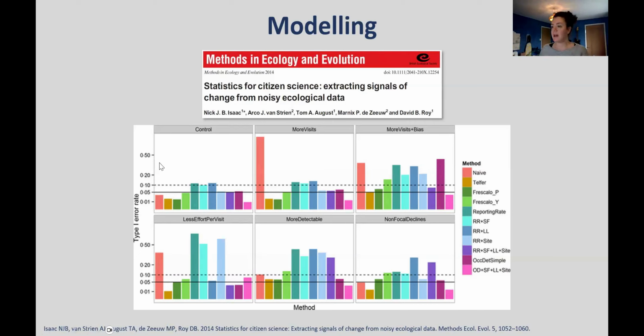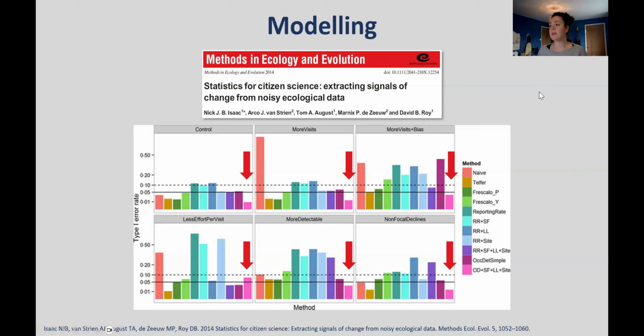So what you can see here is that the method on the far right, the one in pink, is really good at dealing with the biases in the data in all of the different scenarios of bias and keeping that type 1 error rate really low compared to a lot of the other methods here.